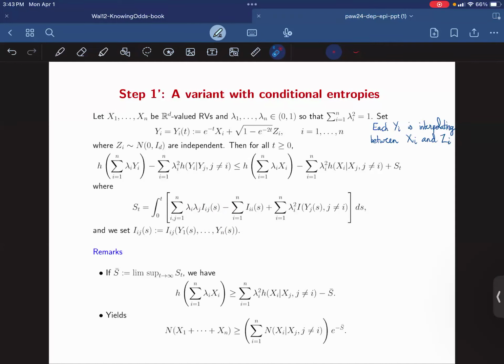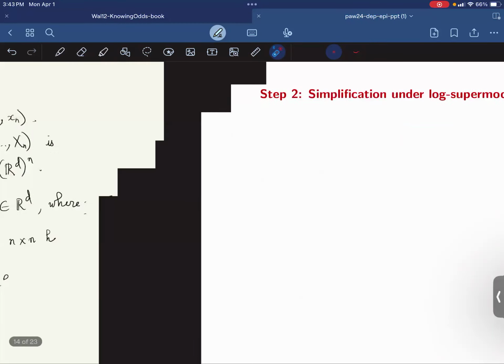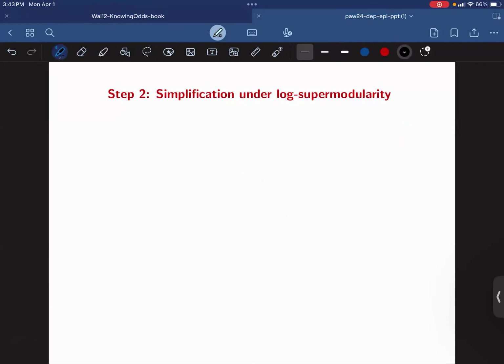So we claim that the error term S bar is greater than or equal to 0 under log supermodularity.